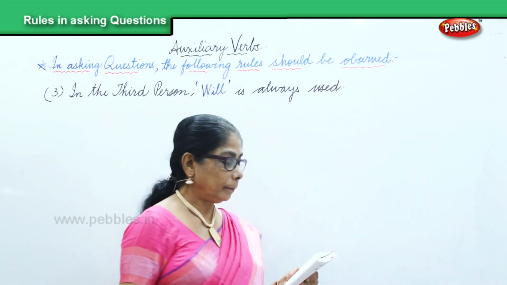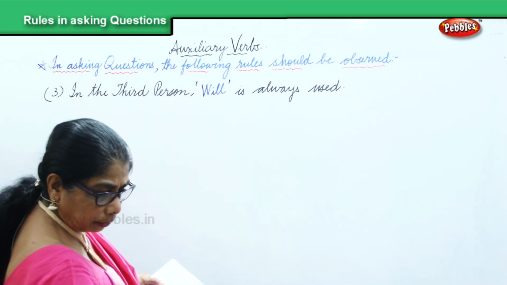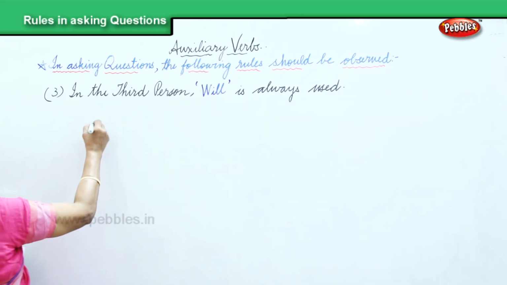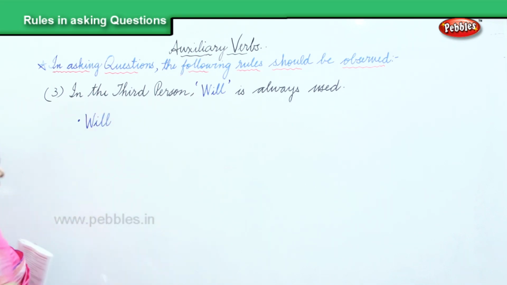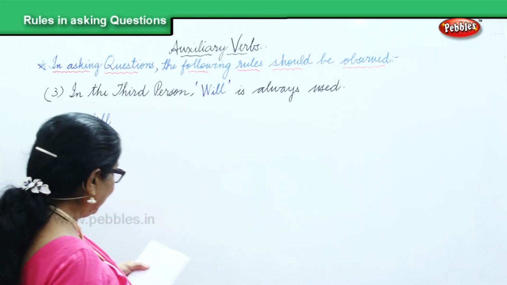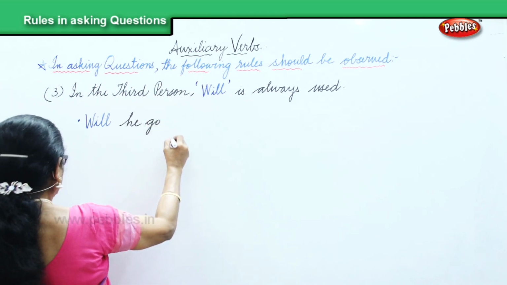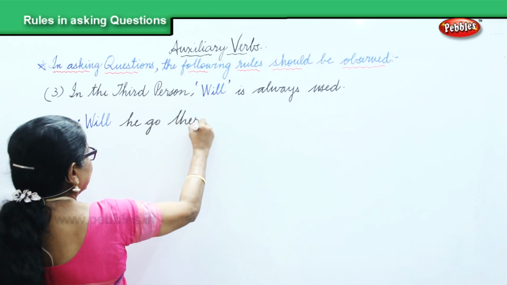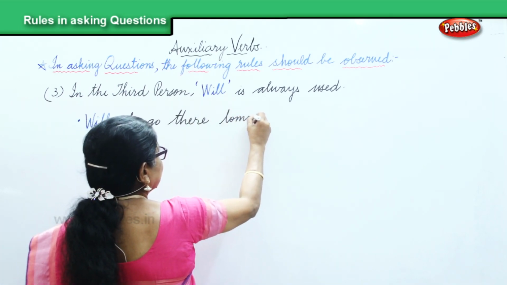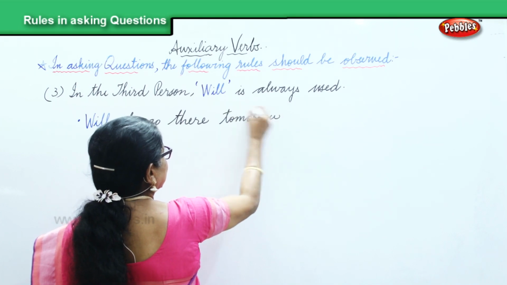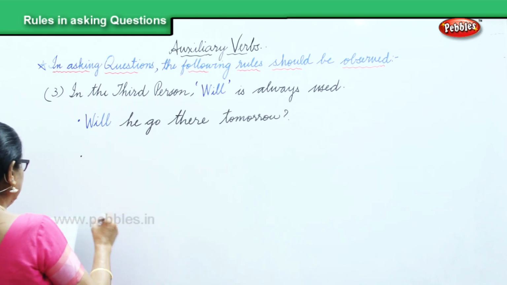In the third person, will you go there tomorrow? Will you or will he go there tomorrow? Next. Will they come to see us?